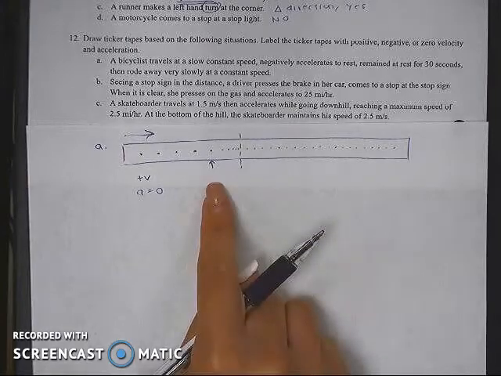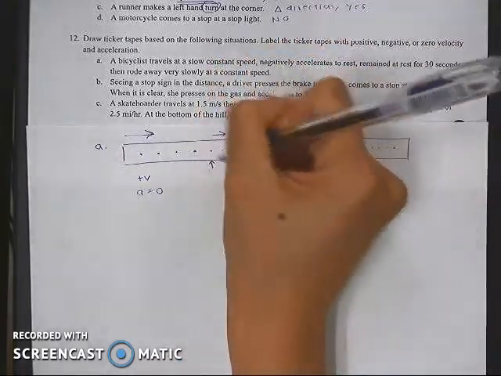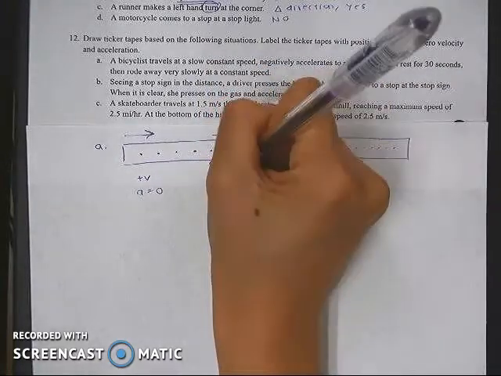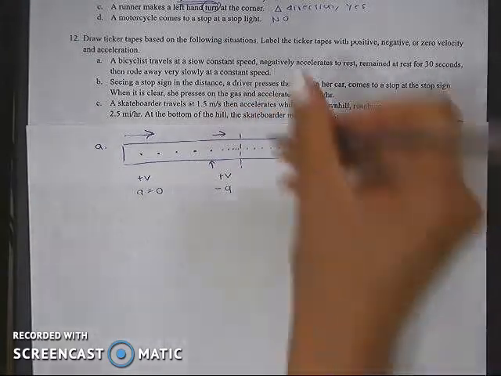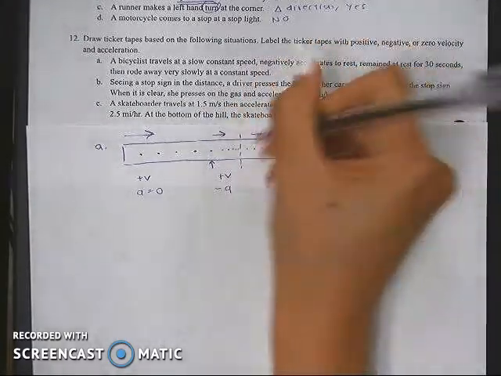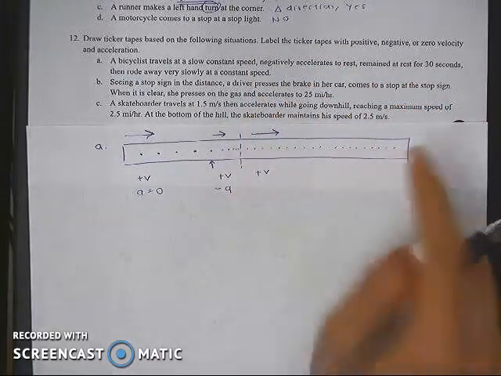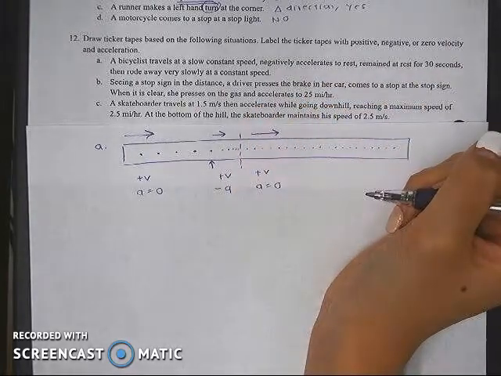When it's accelerating to rest, we're still moving toward the right, so it's a positive velocity. But now we're slowing down, so we have a negative acceleration. After that stop, we also have a positive velocity because we're continuing to move to the right. And the acceleration is 0 again because we're at a constant speed.